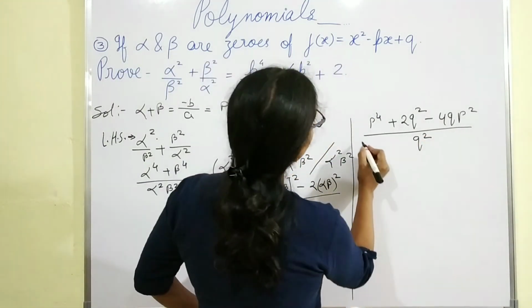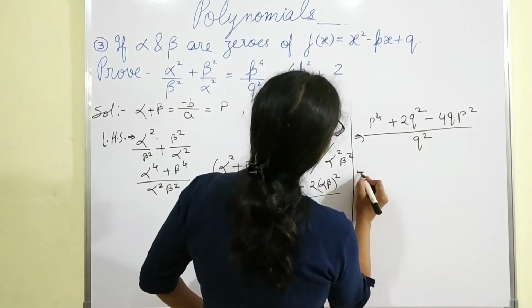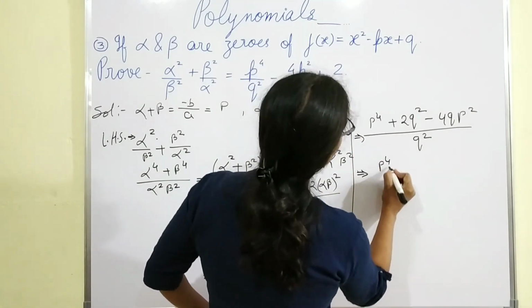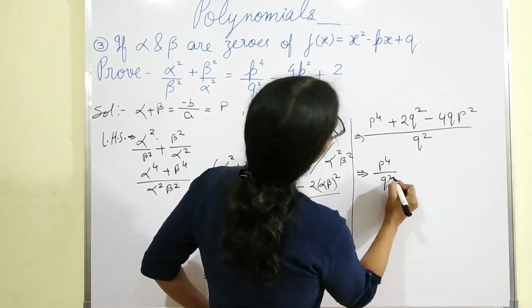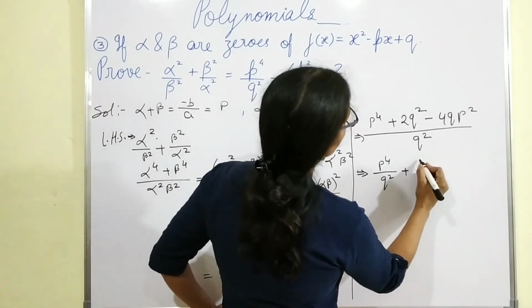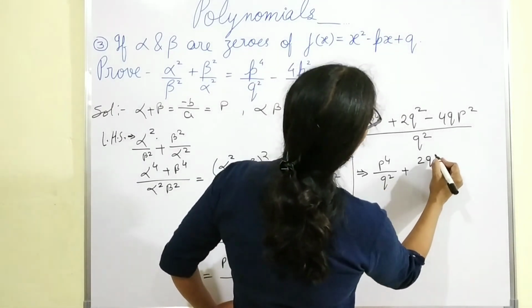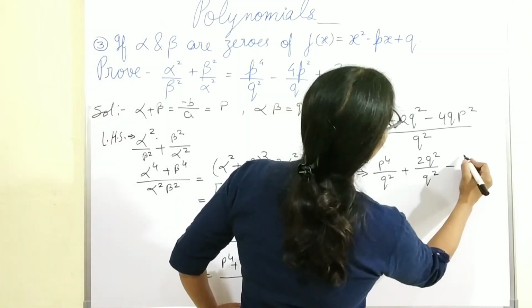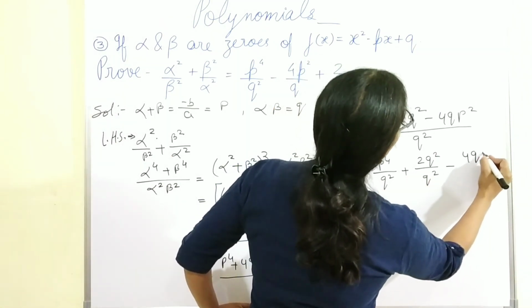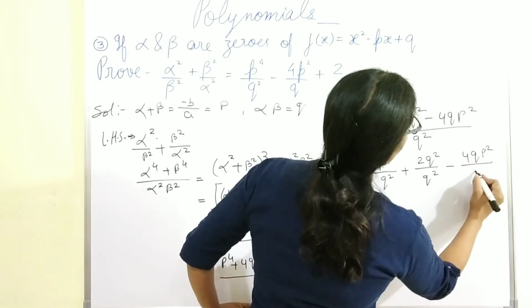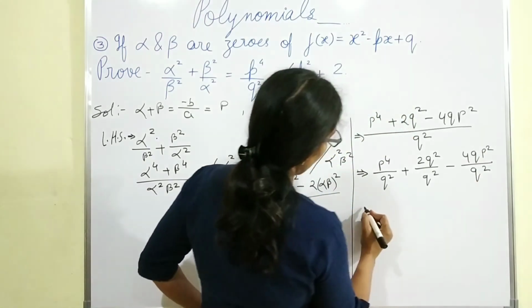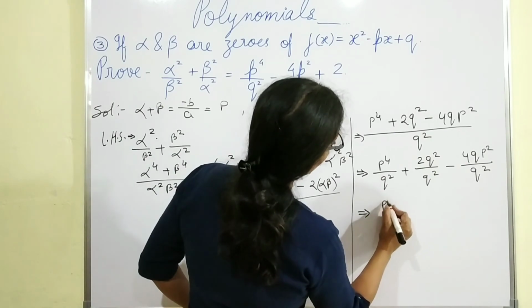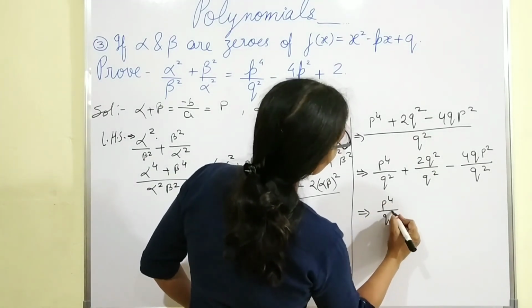So now we can write it as p power 4 upon q square plus 2q square upon q square minus 4q p square upon q square.